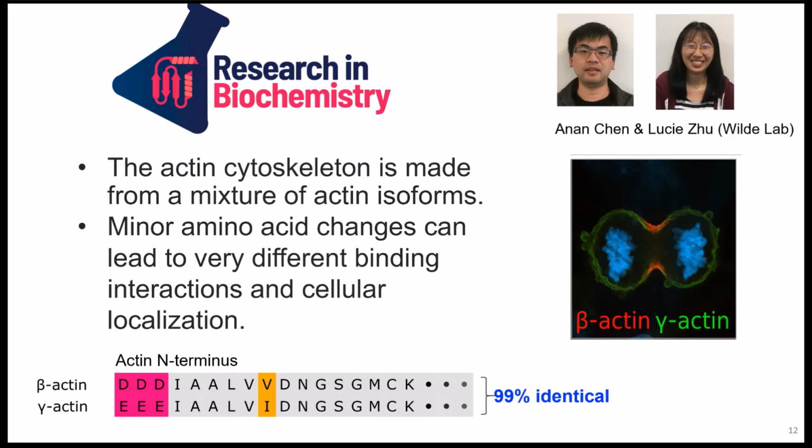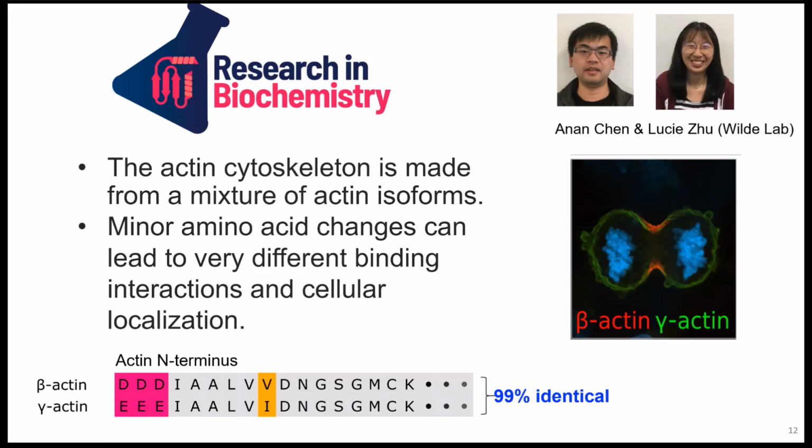Now, keep in mind that there are different isoforms of actin, which are almost identical except for the amino acids found at their N-terminus. Remember, we always write the sequence of amino acids from the N to C-terminus, and when you have a long polypeptide chain, we usually use their 1-letter code.